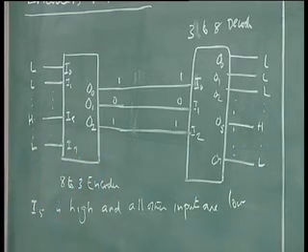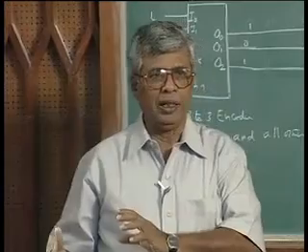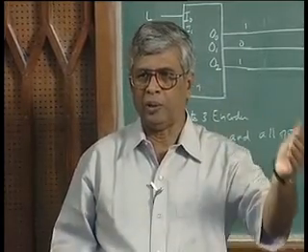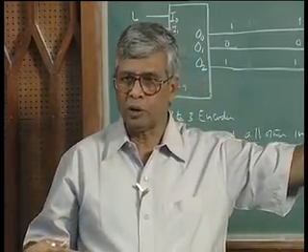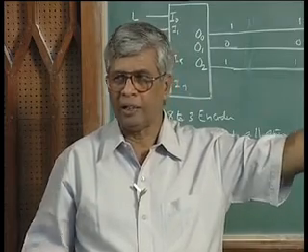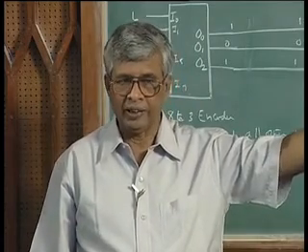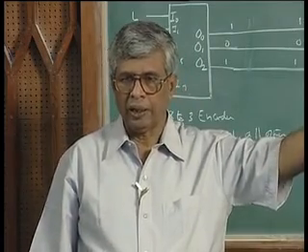Why do we need this? I have 8 possibilities at the input and 8 possibilities are required at the output, and I don't want to run 8 lines from input to output, because only one of these lines will be active high at any given time, and others will not be.